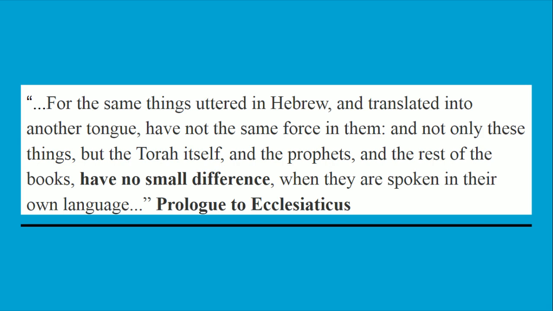This is a really big statement to make. It's saying that when you translate Hebrew, it loses some of the Hebraicness. It loses some force, some power behind it, because in Hebrew things mean things. It says it has no small difference. It has a major difference when they are spoken the way they were intended to be spoken, in the language that they were created in.